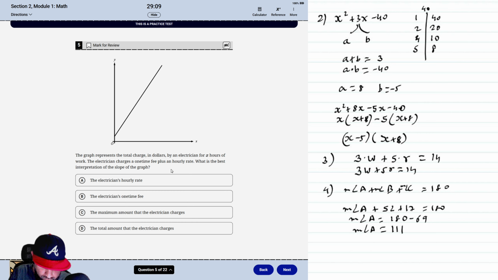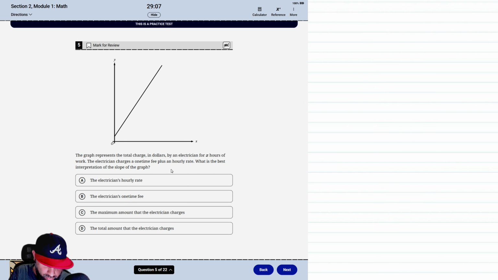Okay, let's erase what we had written before. So, the equation here is going to be y equals mx plus b, because it's a linear graph here, and x is given by the number of hours worked by the electrician, right?